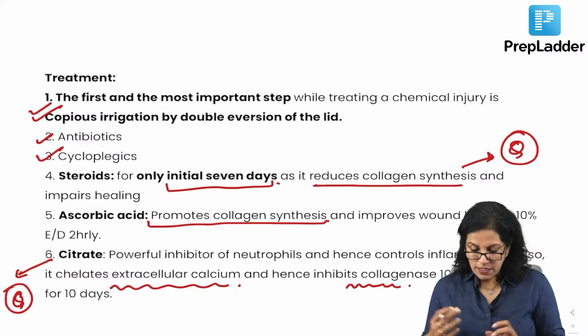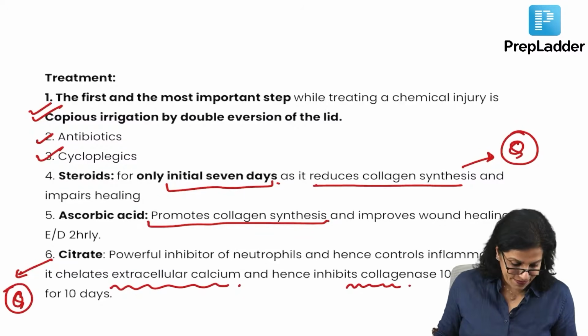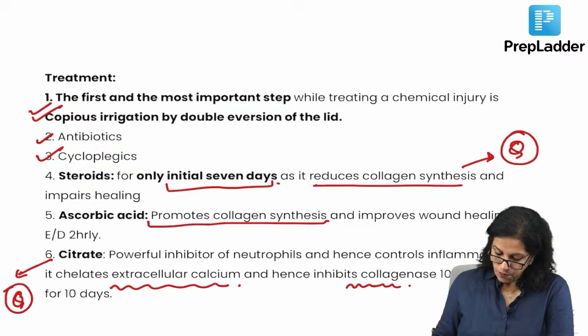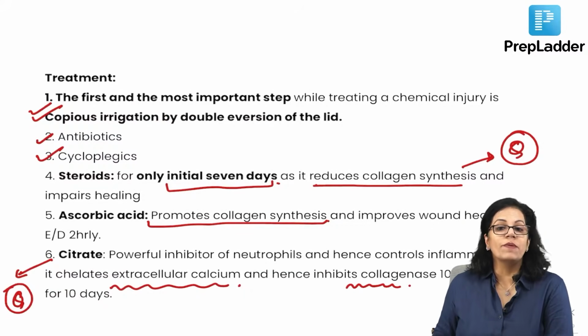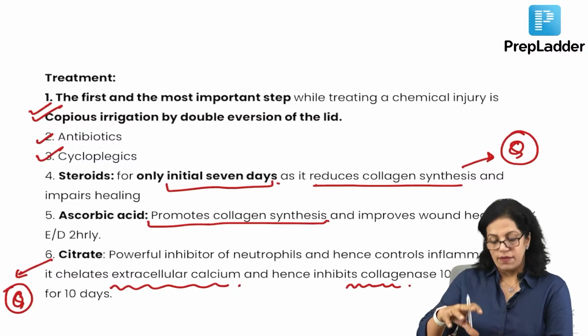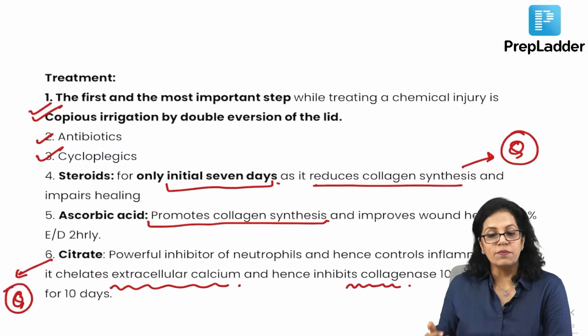So we remember these. Don't forget the cues, wherever I am making the cues are very, very important. I said ABCG2 is the stem cell marker, ABCG2. These are points around this question that should be kept in mind. What I am trying to convey is that many questions around this topic are coming in the exam and it is a repeated question.